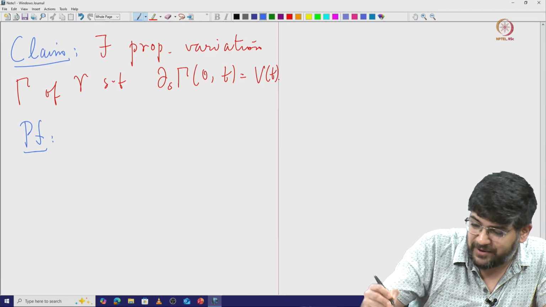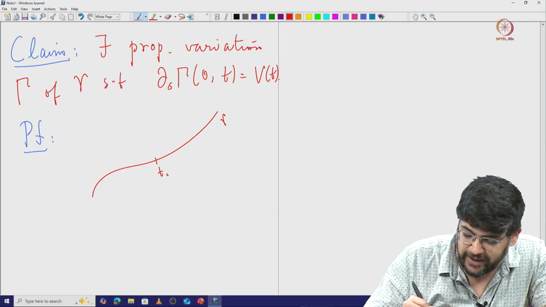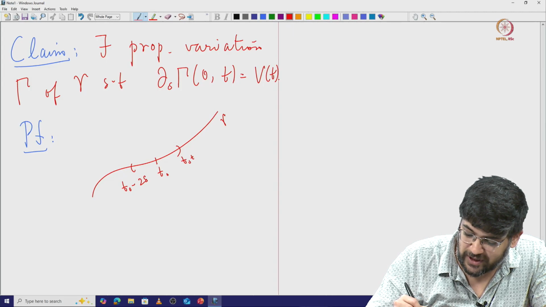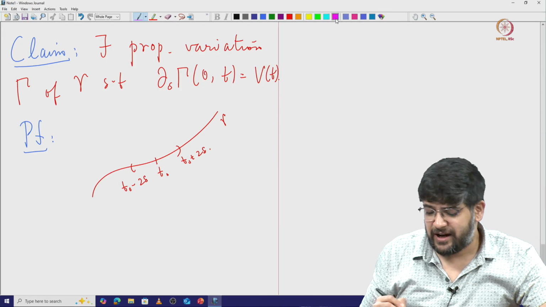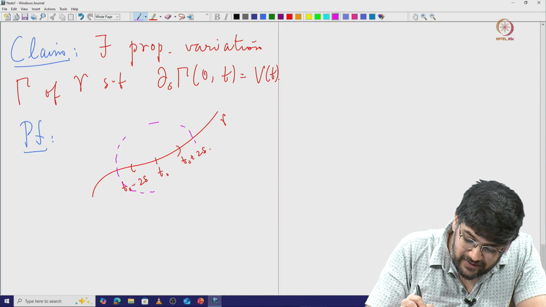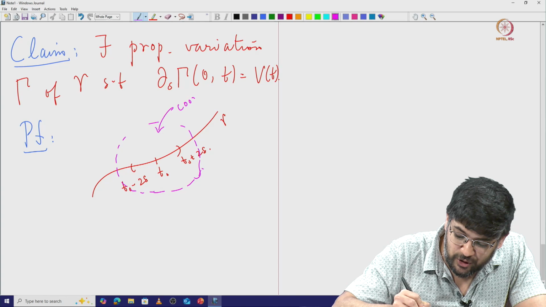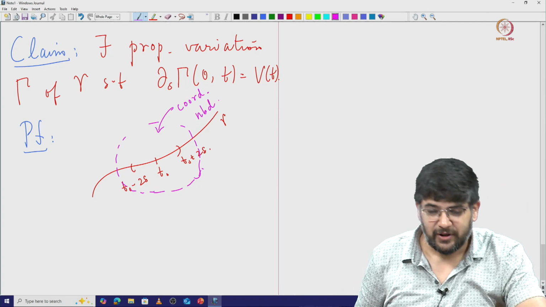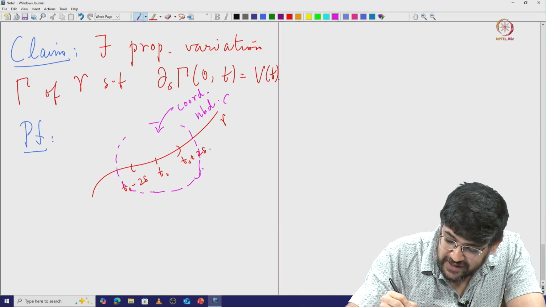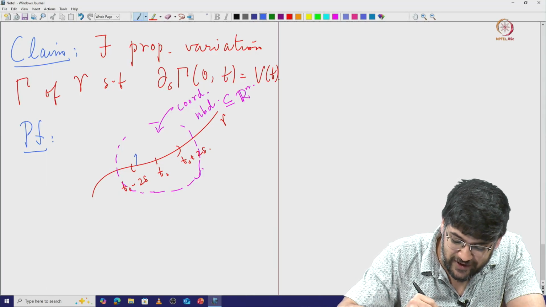So the proof is, let us say you have this curve gamma, you have this point t naught, and you have this interval t naught minus 2 delta, t naught plus 2 delta. So by choosing delta small enough, I can assume that this entire thing is contained in a coordinate chart. So this is a coordinate neighborhood. Okay, so by transporting by this coordinate chart, you can think of this as a subset of R^n, and then you have this variation vector field here.